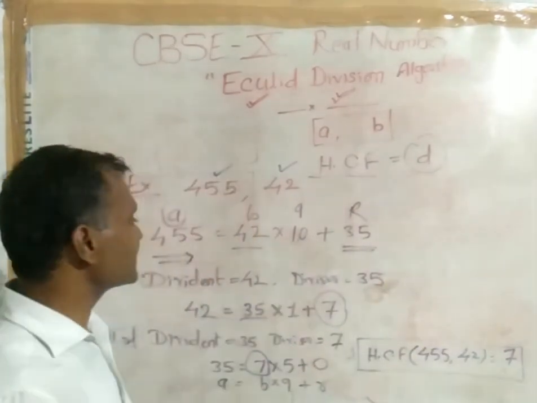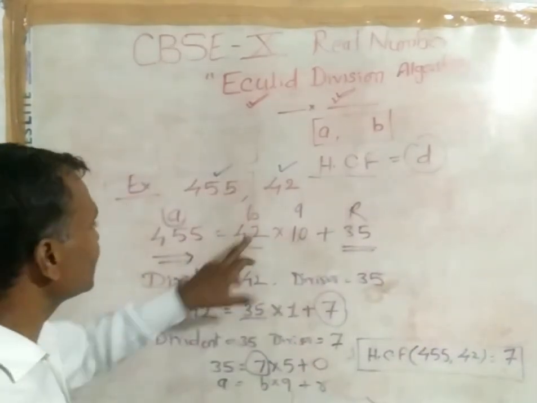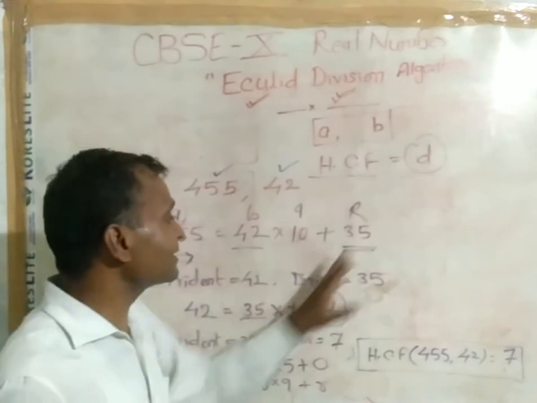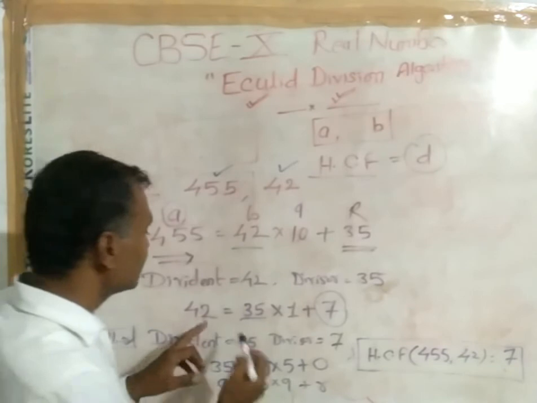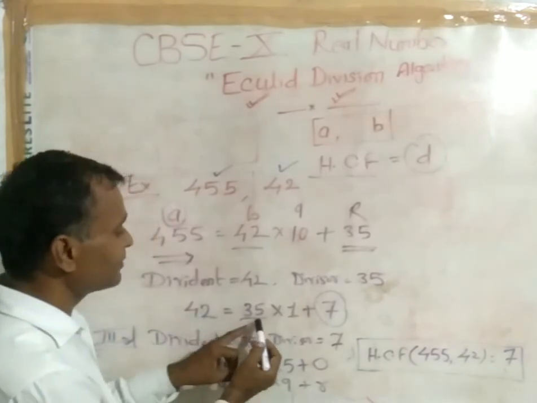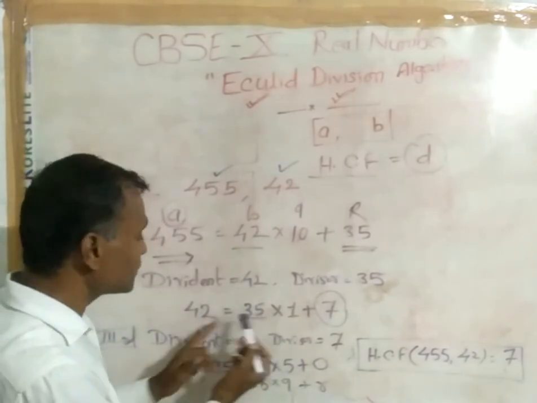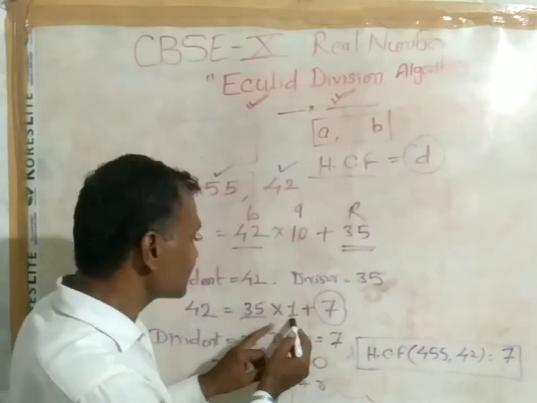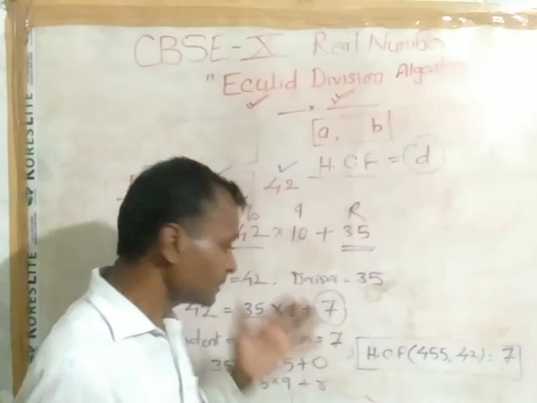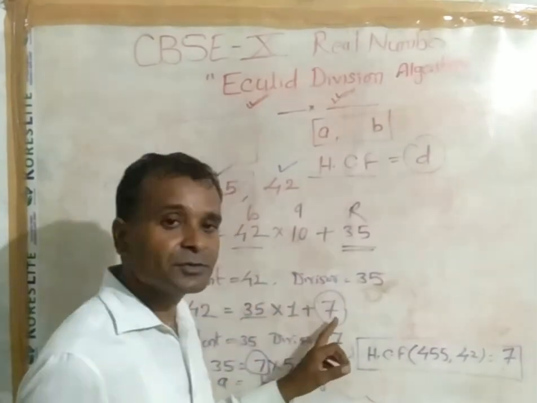So in the next step we take 42 as the dividend and 35 as the divisor. Look here, 42, 35. Now divide 42 by 35 one time. 1 is the quotient plus 7 is the remainder. Remainder is not 0.